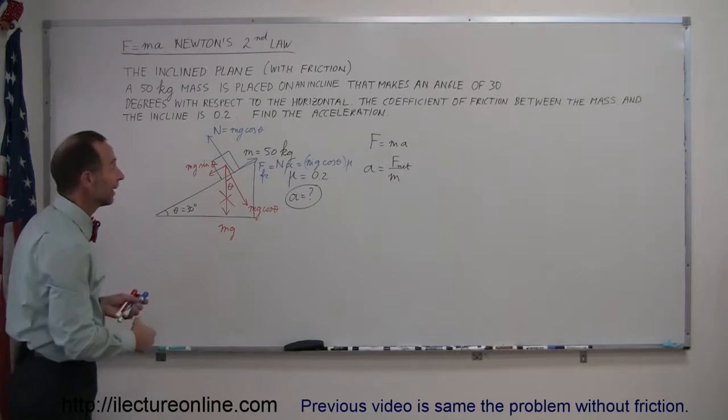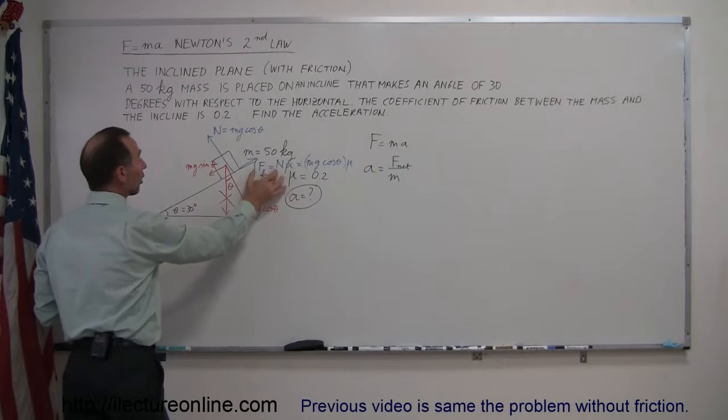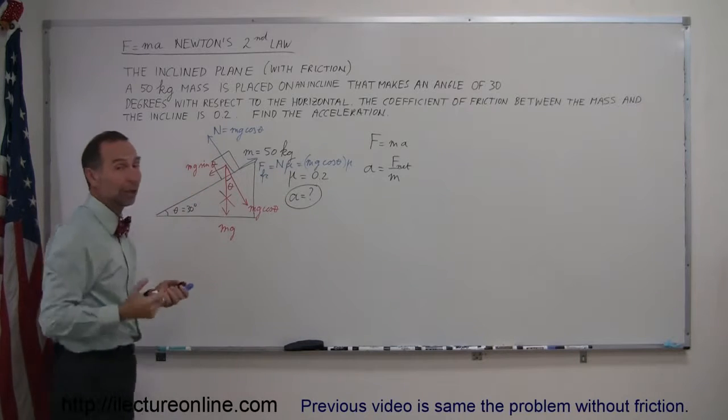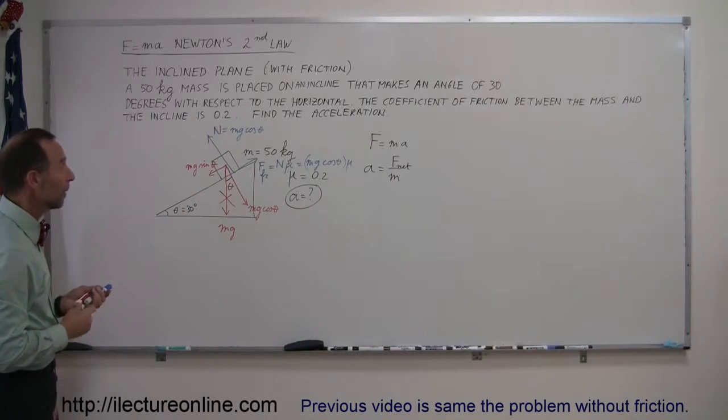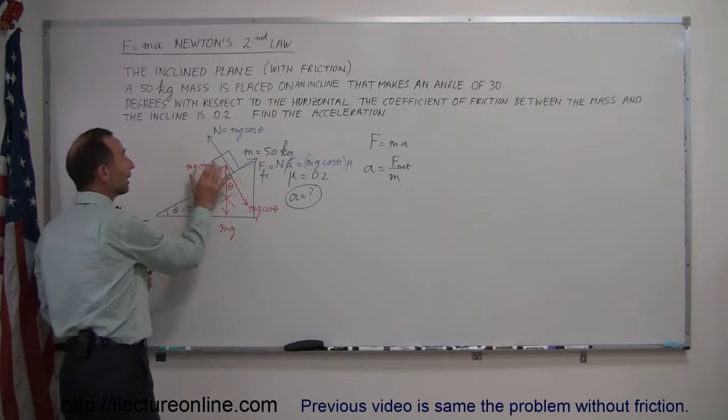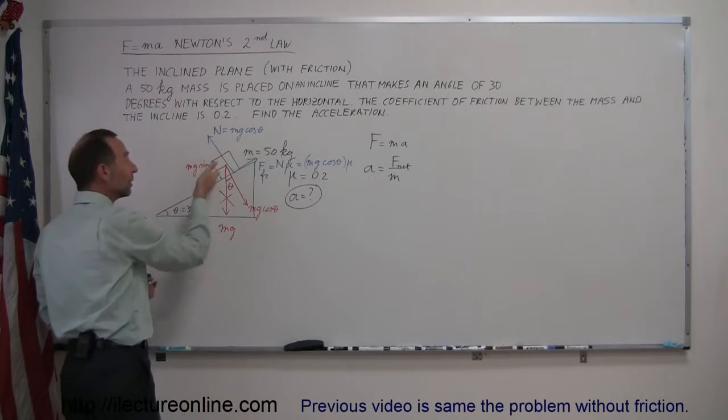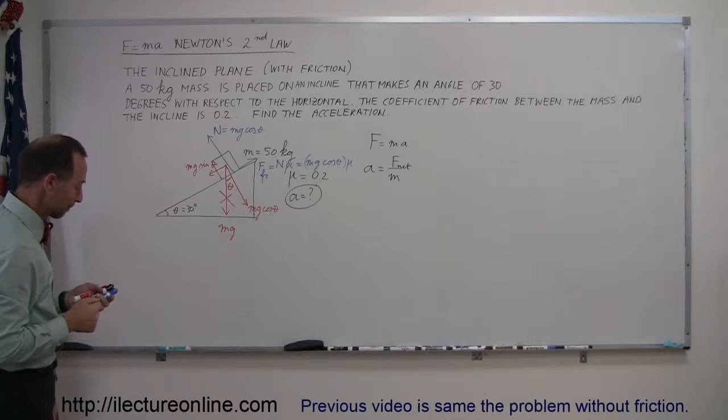Now, obviously, if this friction force is as large as the mg sine theta, then the object will not move at all, it will stay there. But if mg sine theta is bigger than the friction force, the object will then slide down the incline.